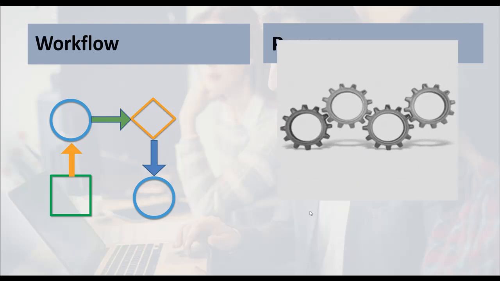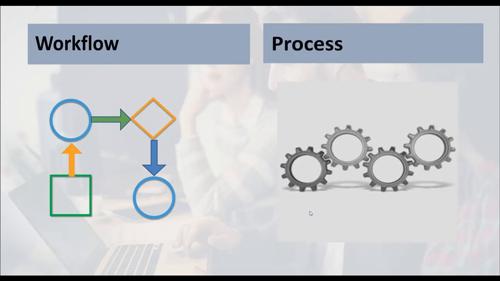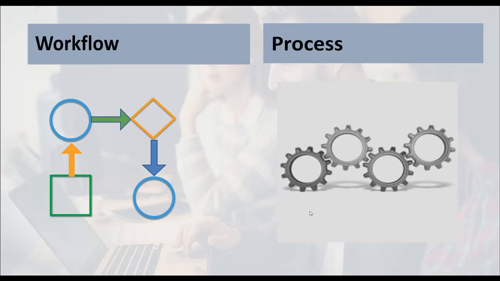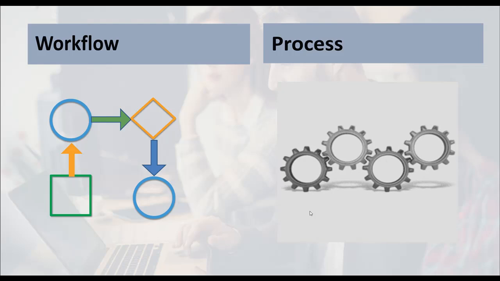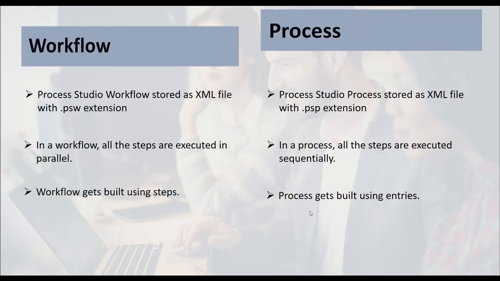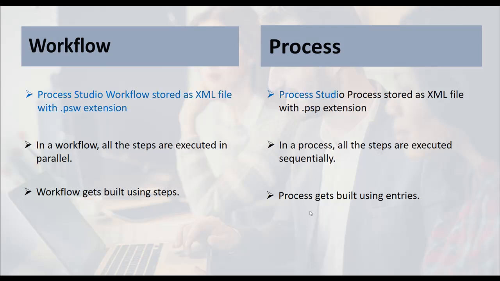A process, on the other hand, is focused on high-level flow control tasks such as executing workflows, sending emails in case of failures, or transferring files via FTP. A workflow is stored as an XML file with .psw extension and a process is stored as an XML file with .psp extension.